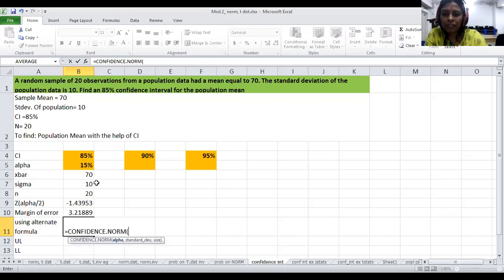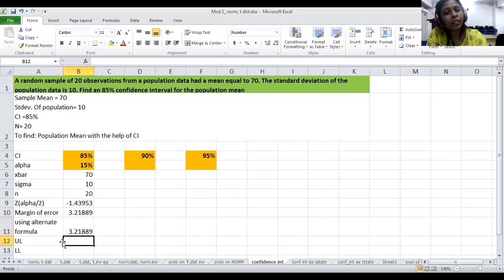You need to give your alpha value, comma, your standard deviation, comma, your size, close, enter. You will get the same value. Okay. So I've explained both the methods of calculation of your margin of error. You can use any one, depending upon which version of Excel you are using and if this particular formula is available in the Excel.